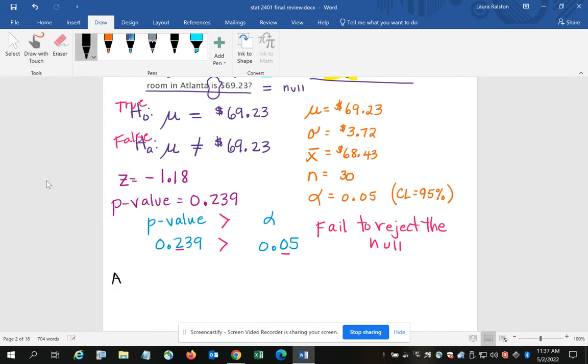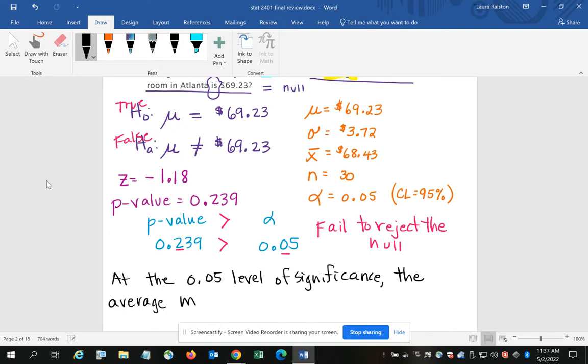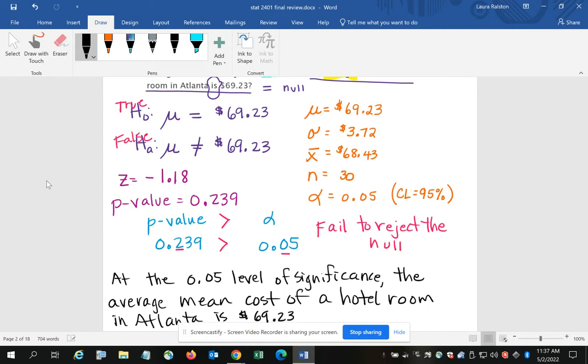So we would say, at the 0.05 level of significance, the average mean cost of a hotel room in Atlanta is $69.23.